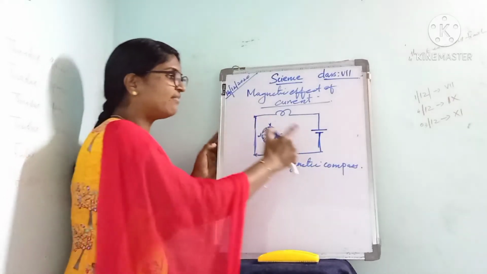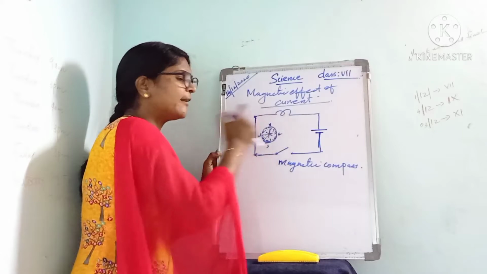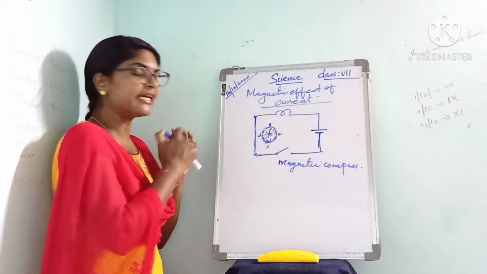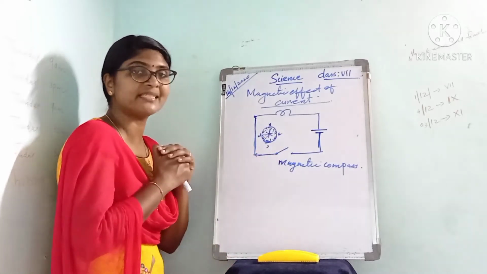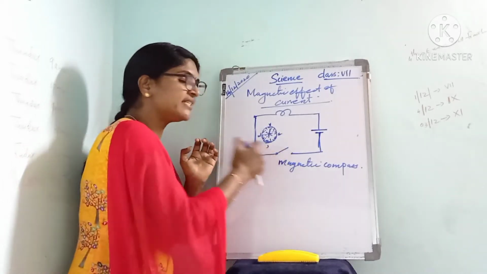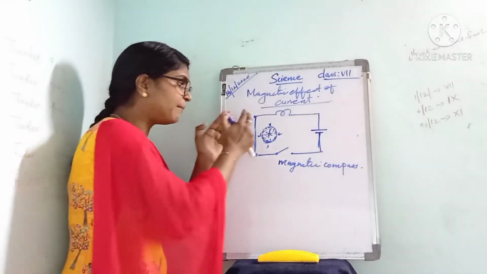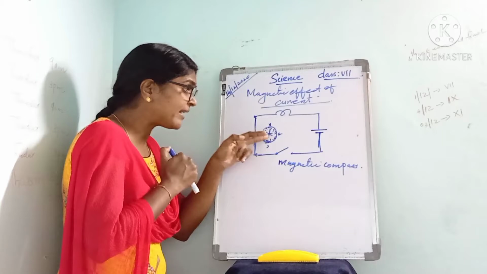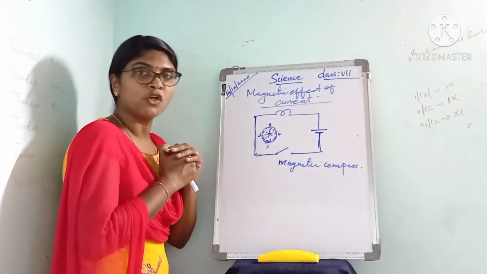Listen to it. Here we have a simple electric circuit that contains a cell, then a switch and an electric bulb here, and we have the metallic wire. Near to this metallic wire, a compass needle, or a magnetic compass, is placed. When the switch is on, the electric current passes through this metallic wire and it behaves as a magnet, and it deflects the magnetic needle or magnetic compass.